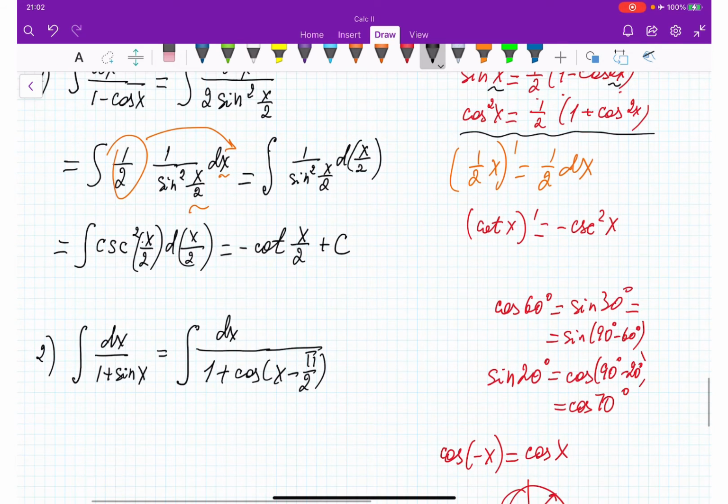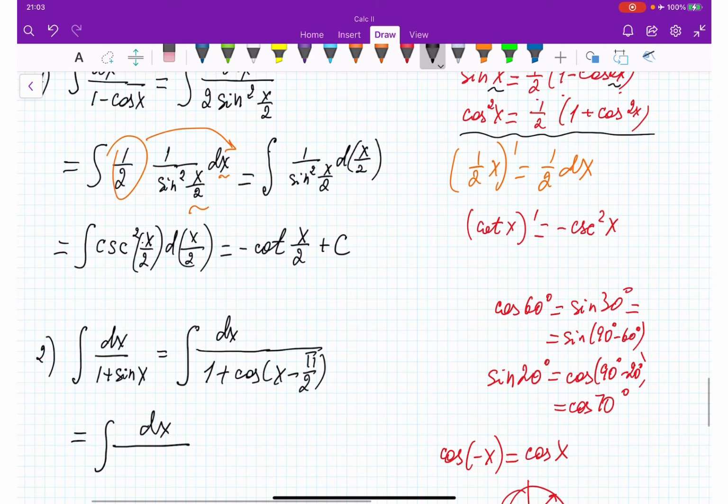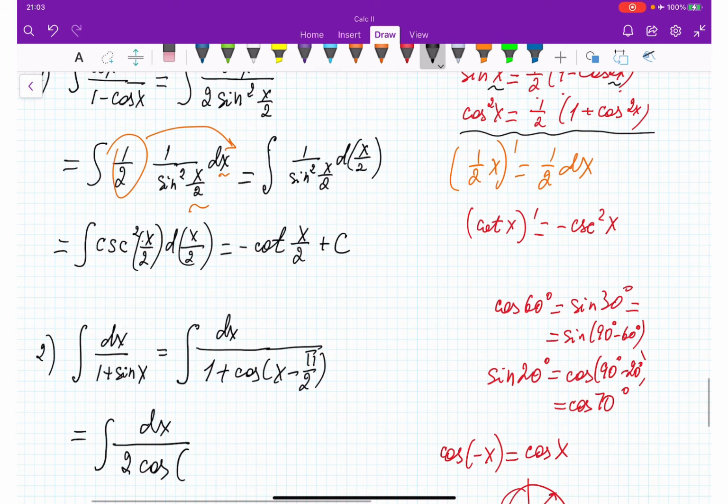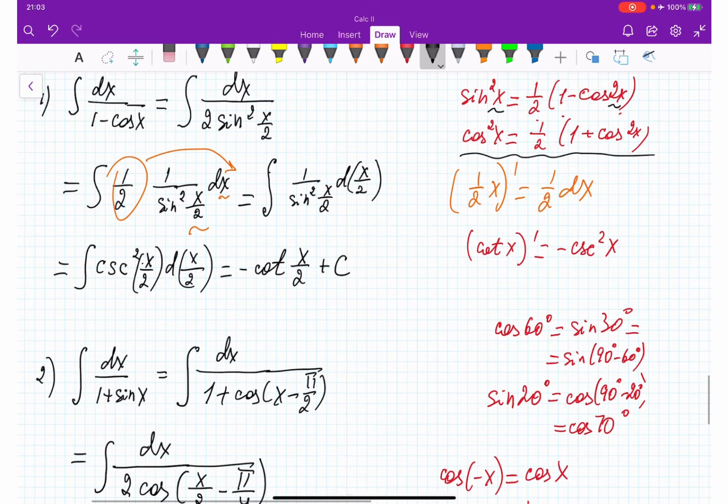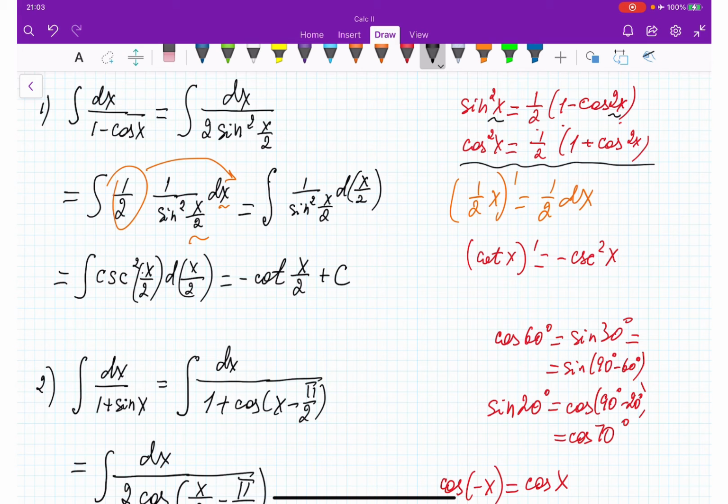And that's going to be equal to the integral dx. So it's going to be twice cosine squared of x over 2 minus pi over 4. Where is it coming from? Look, we have here cosine 2x in the formula. And then we take cosine squared of half of the angle, correct? 2x becomes x.